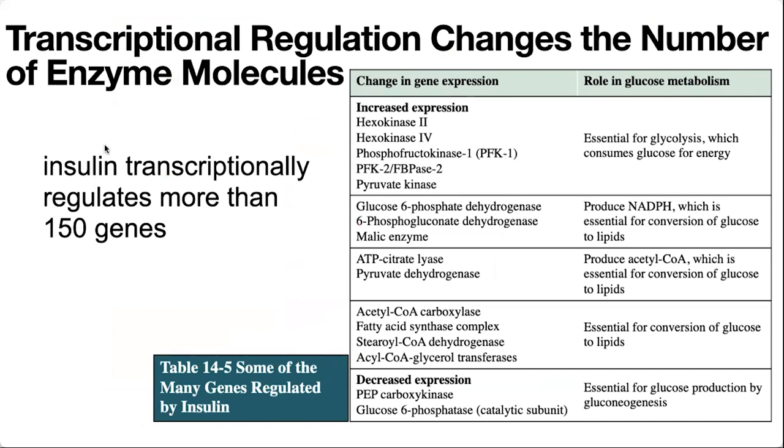It goes through pathways that activate transcription factors, so it's going to activate proteins that regulate the expression of genes. It's going to regulate the expression of a bunch of different enzymes, including decreasing the expression of PEP carboxykinase. So insulin is able to turn off the things you need for gluconeogenesis and turn on the things you need for glycolysis. And then we have other hormones and other transcriptional regulators that can stimulate making things for gluconeogenesis. So there's all sorts of transcriptional regulation that goes on there.